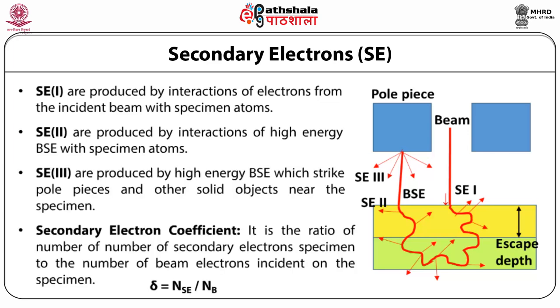The third type of secondary electrons are produced by high energy backscattered electrons which strike the pole pieces and other solids within the specimen chamber.